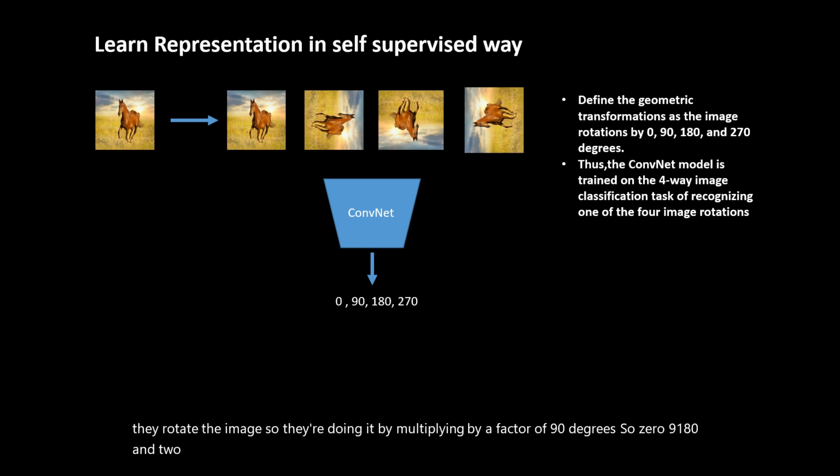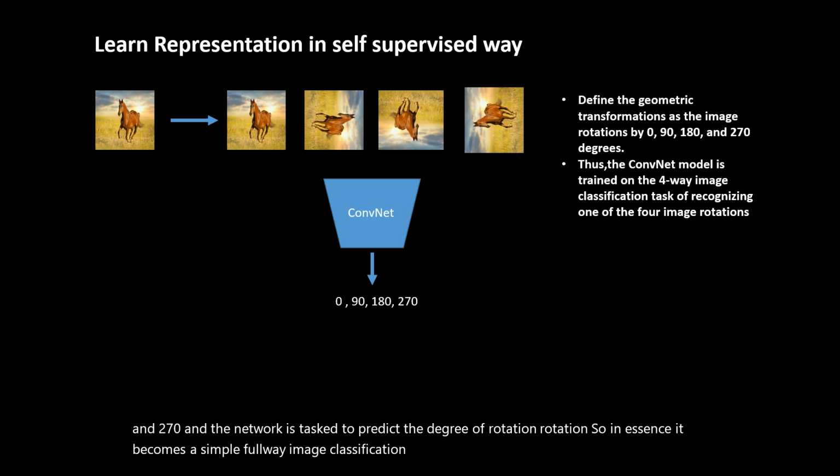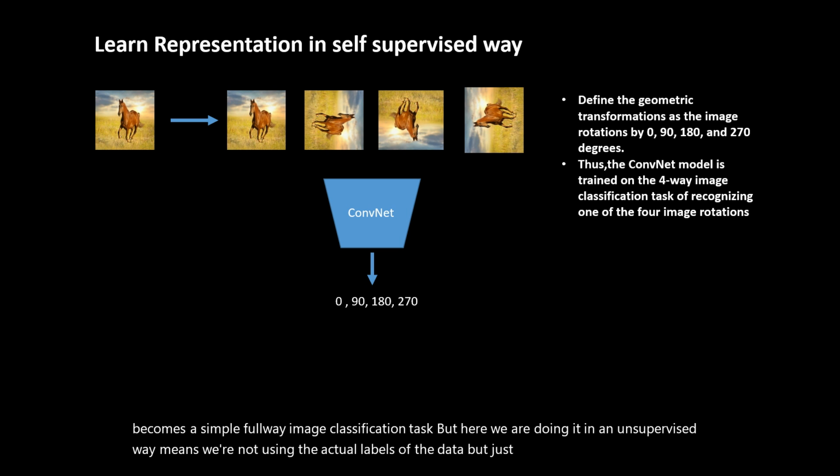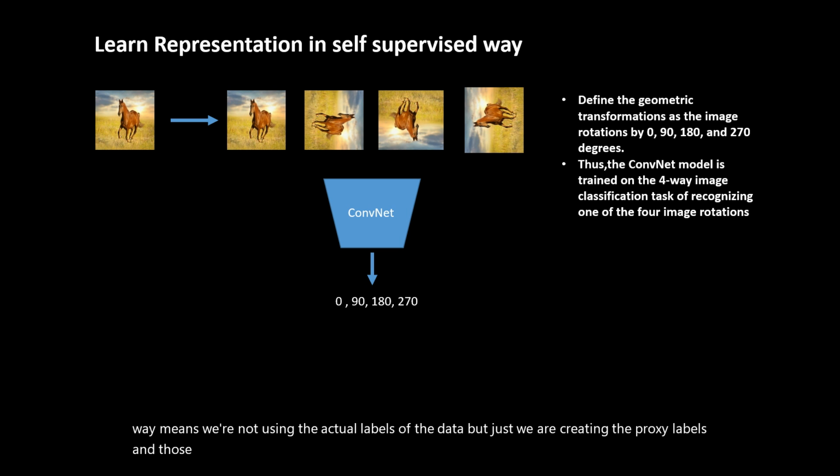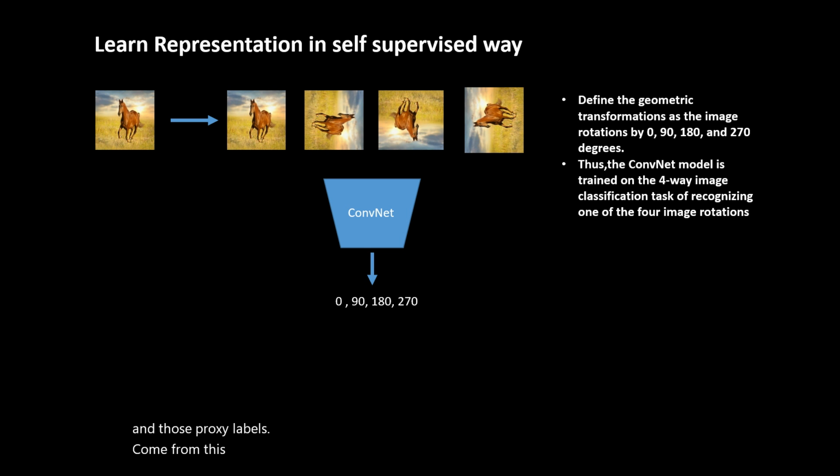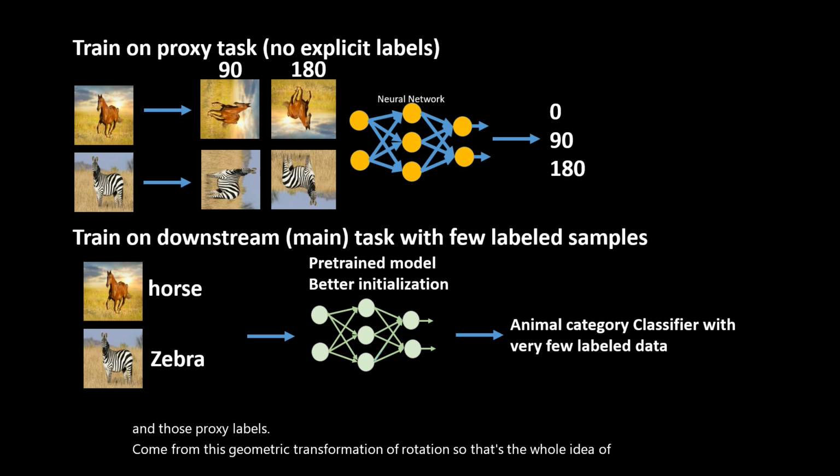The network is tasked to predict the degree of rotation. So in essence, it becomes a simple four-way image classification task. But here we are doing it in an unsupervised way, meaning we are not using the actual labels of the data, but creating proxy labels that come from this geometric transformation of rotation. That's the whole idea of this paper.